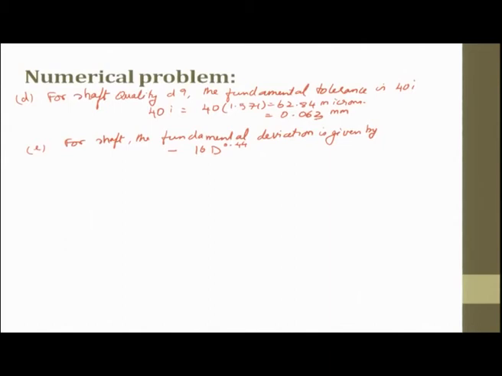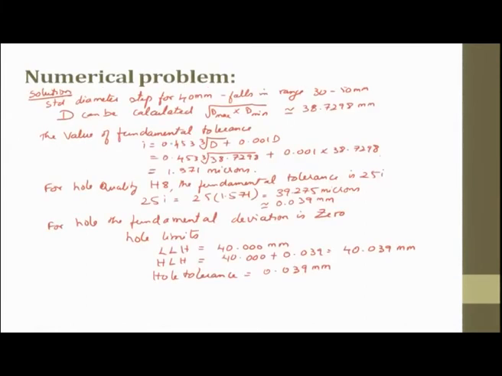So, the fundamental deviation is nothing but minus 16 into D, which is 38.729 to the 0.44. Okay. So, where did this 38.729 come from?